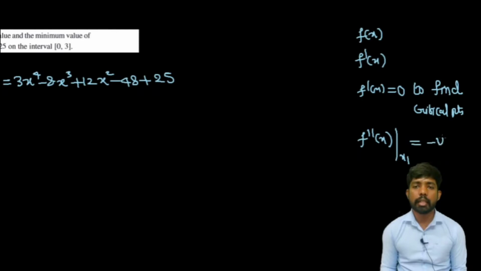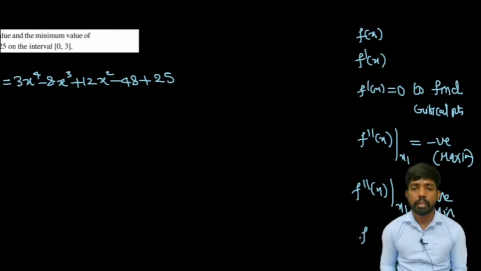If you get negative, this is maxima. If you get positive, minima. If double differentiation, substituting the critical point, gives 0, then that is said to be neither maxima nor minima.